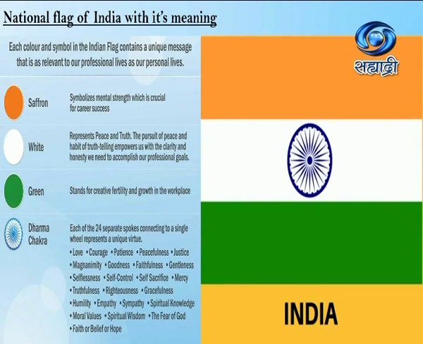And then the Dharma Chakra, isn't it? It has 24 spokes, as you know, connecting to a single wheel, and each represents a unique virtue. There you can see the list of virtues, the qualities or the attributes that one should possess. Those 24 attributes, you may read them. Love, courage, patience, peacefulness, goodness, faithfulness, self-control, righteousness, as we always focus on righteousness.